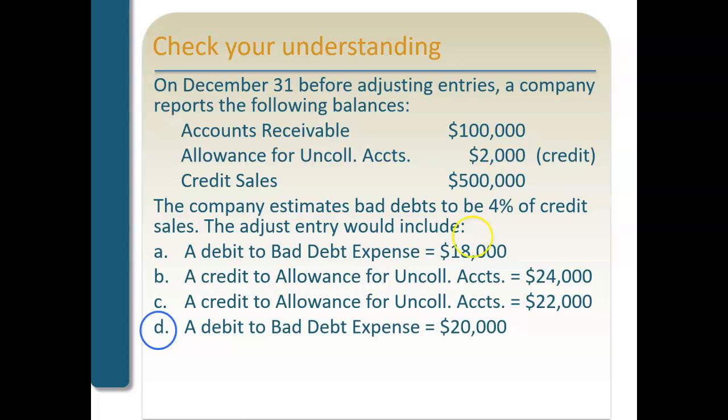We're going to take 4% of our credit sales, $500,000. Okay? It's being based off of sales, called the income statement method. The allowance for uncollectibles, or the balance sheet method, is where we are looking at our accounts receivable and basing our uncollectibles off of that.